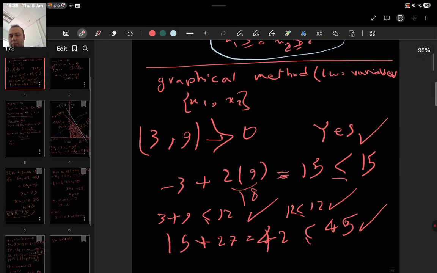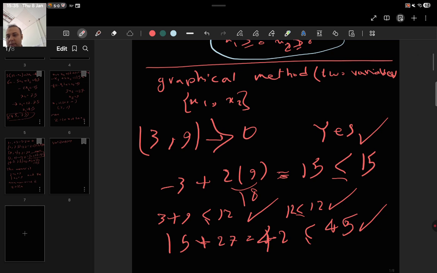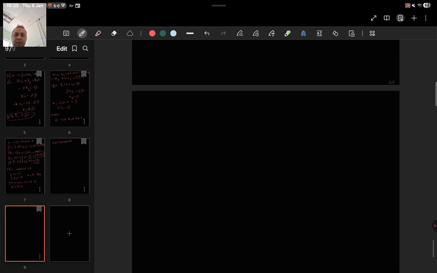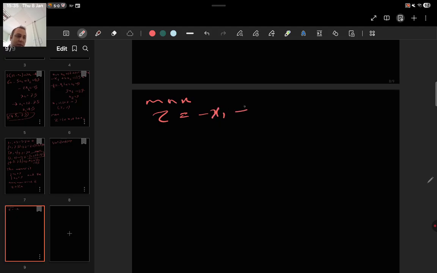We go back to our note, open a new one. This is for question 2. So in question 2 we have 3 parameters. What are the 3 parameters? Maximize minus x1 plus 2x2 plus x3.